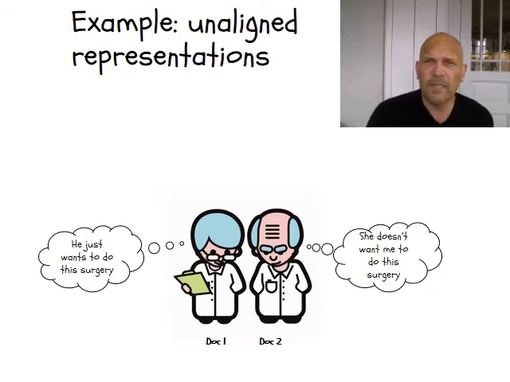Okay, so let's take an example, because maybe this is a bit abstract. What could this look like in reality? I'm going to use an example that's actually a real example from our research. We have a situation where we have two doctors. They're both surgeons, they're both highly specialized, and they're both senior at their workplace.